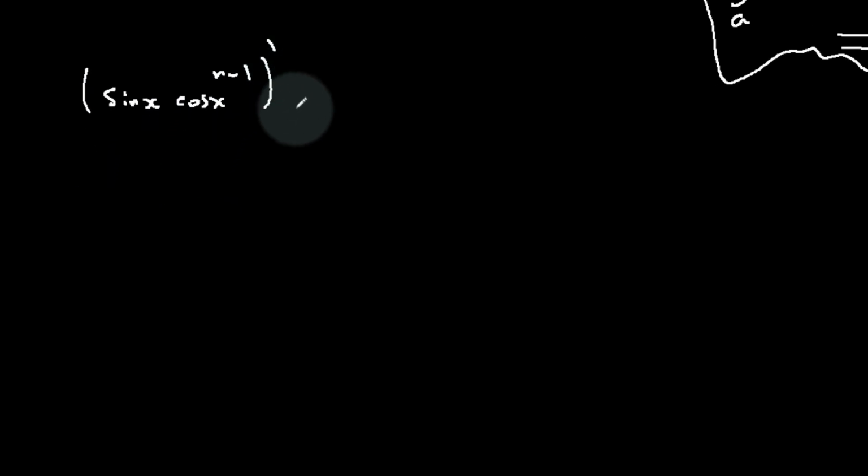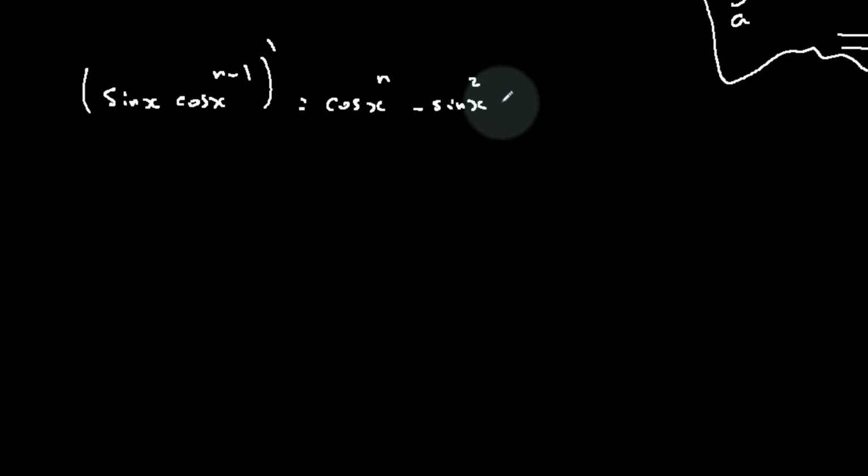If we calculate the derivative, we find cosine x times cosine power n minus 1, so we have cosine x power n, then minus sine x power 2 times cosine x power n minus 2 times n minus 1. In fact, here we apply the integration by parts.